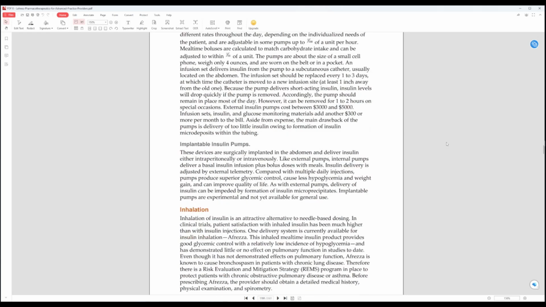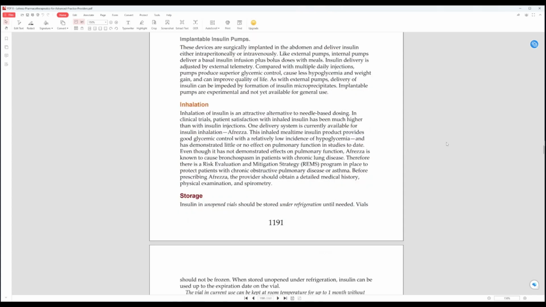Bringing us to implantable insulin pumps. These devices are surgically implanted in the stomach or abdomen and deliver insulin either intraperitoneally or intravenously. Like external pumps, internal pumps deliver a basal insulin infusion plus bolus doses with meals. Insulin delivery is adjusted by external telemetry.